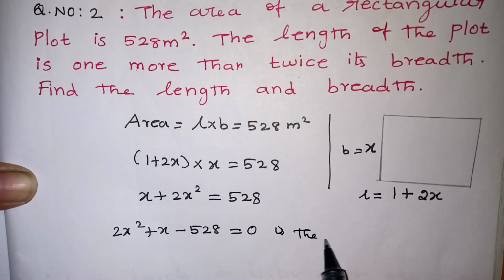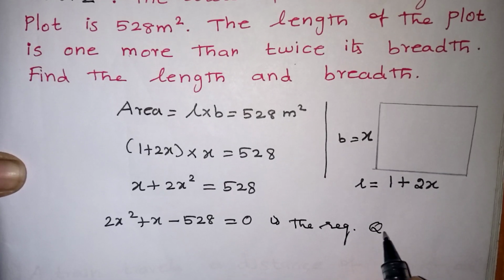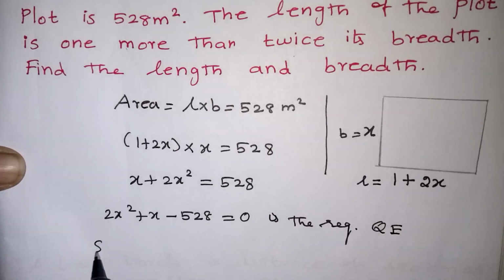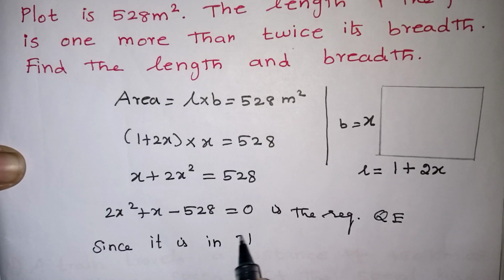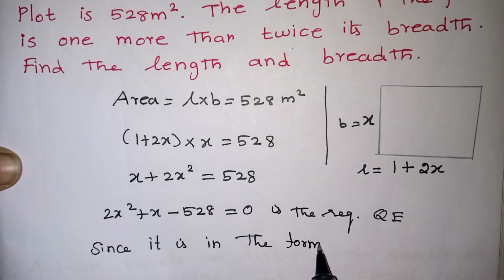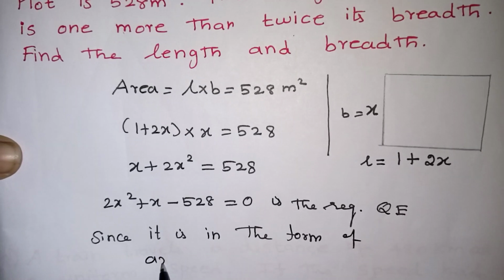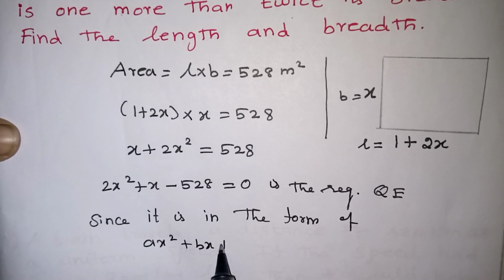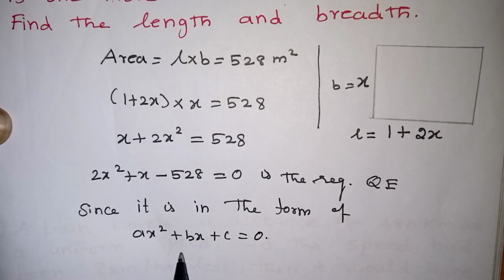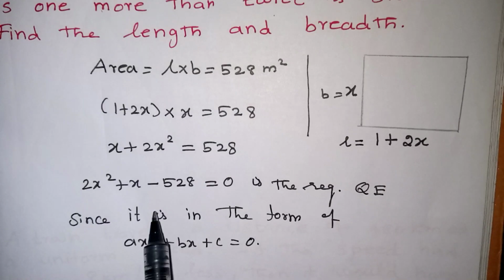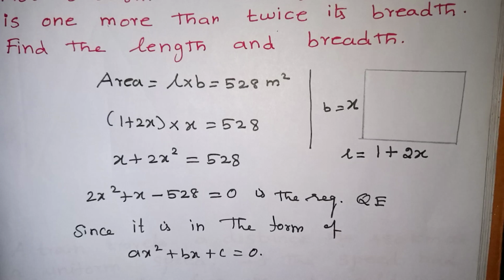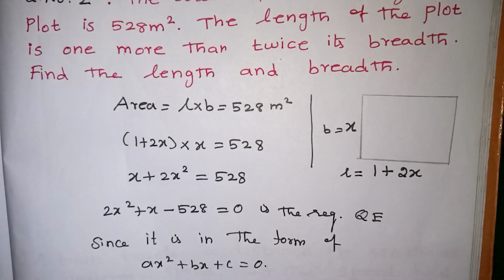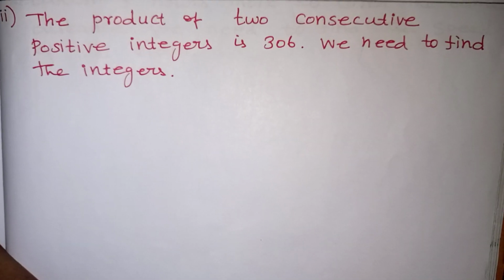This is the required quadratic equation since it is in the form of ax squared plus bx plus c is equal to 0. You can stop here because you need not solve the equation, they have asked you to just represent the equation. We have represented the equation. That's your answer. We'll go to the next question.